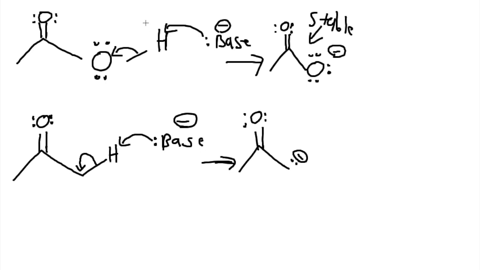So in this case, this one is the stronger acid because it has a stable conjugate base, because of the oxygens. Electronegative elements like to carry negative charge. See right here, the carbon does have a negative charge, but oxygen is much more electronegative than carbon.